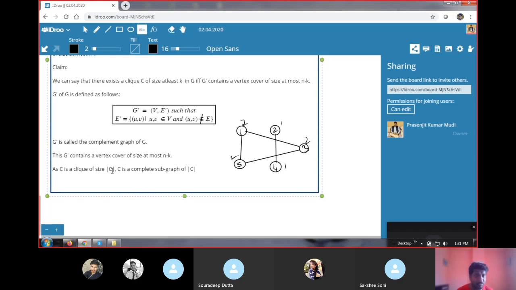Mod C denotes the number of vertices. C is a complete subgraph of mod C vertices.